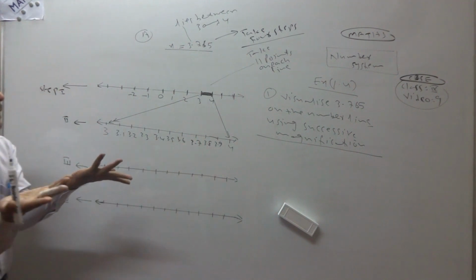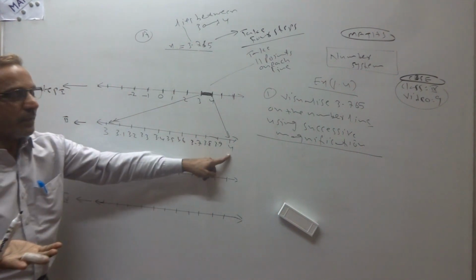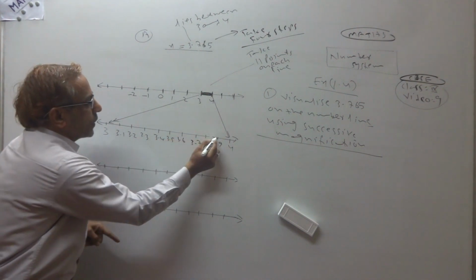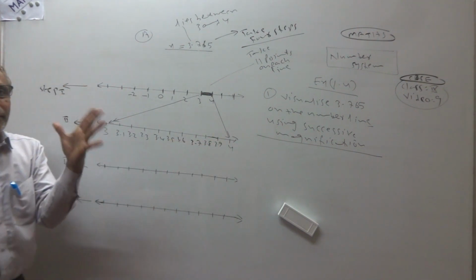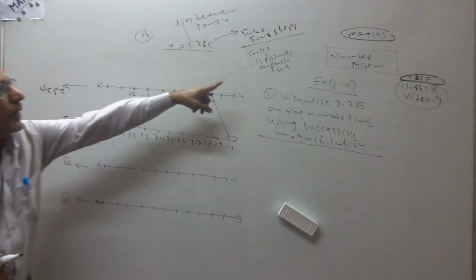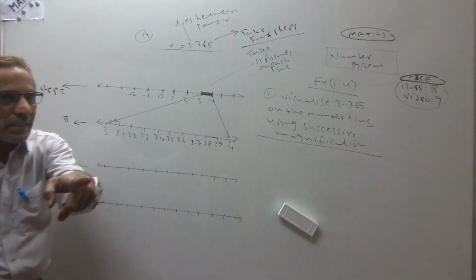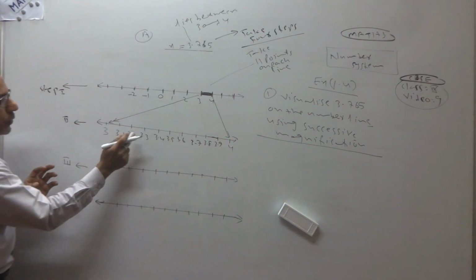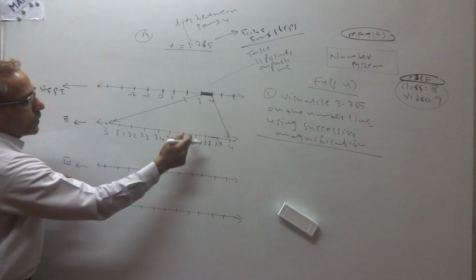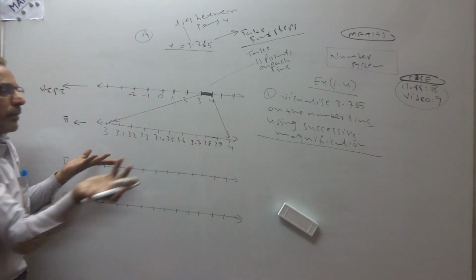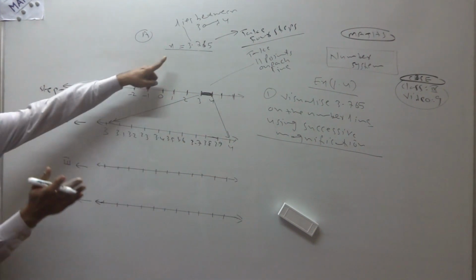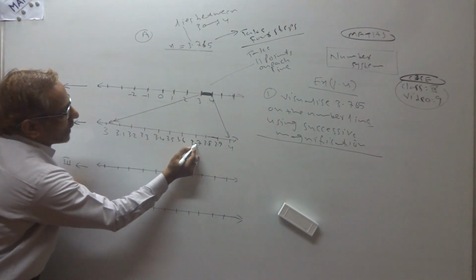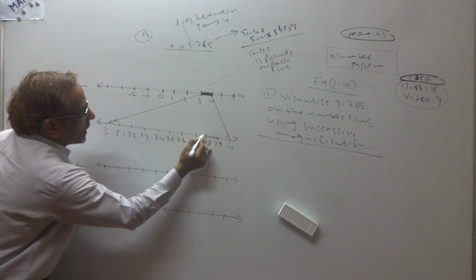After 3.9, 4 will be there. So why have you taken 11 points? Because between 3 and 4 exactly there are 0.1, 0.2, 0.3, 0.4, 0.5, 0.6, 0.7, 0.8, 0.9, then 4. Got it? Now you see where 3.7 is. Here is 3.7. So now you highlight this area.